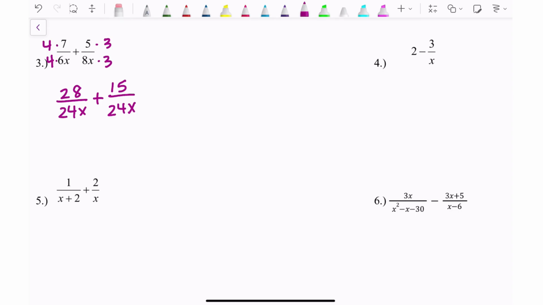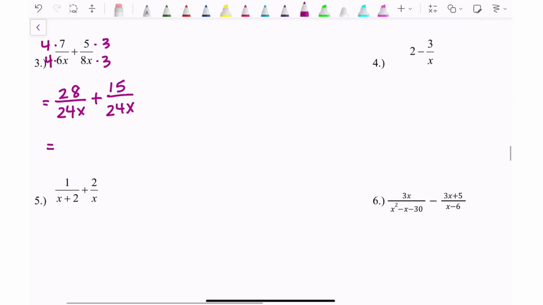I'm just going to do 28 plus 15, and that gives me 43 over 24x. Now 43 over 24 cannot be simplified, and so we are done.